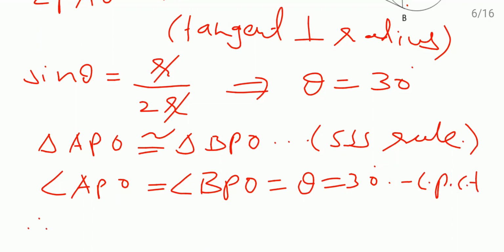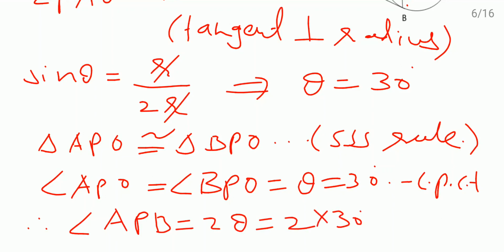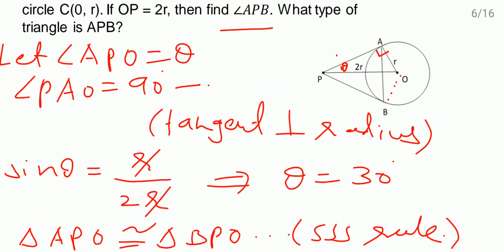Therefore, we can write down angle APB is equal to 2 theta. That means 2 into 30 degree, which comes as 60 degree. So we got the measurement of angle APB.